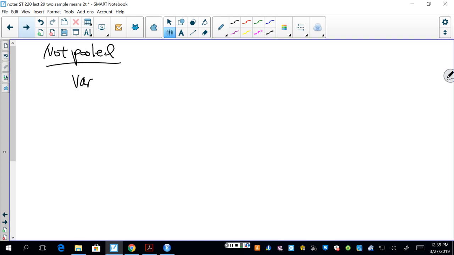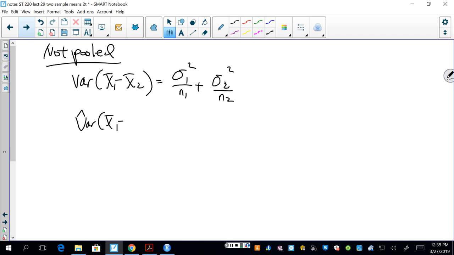But if it's not pooled, the variance of x bar 1 minus x bar 2 is sigma 1 squared over n1 plus sigma 2 squared over n2. The estimate we would use if they are not equal is the sample variance from each sample by itself. So we would just use s1 squared over n1 plus s2 squared over n2.